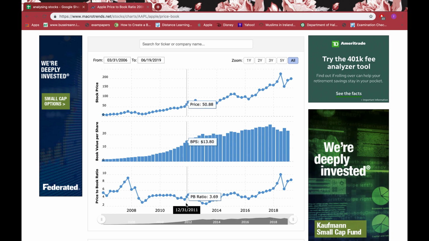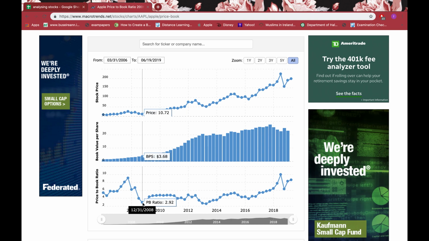And if you look at the price to book ratio on 31 December 2011, it was 3.69, which means the stock was 3.69 times more than the real price. I think the lowest it goes is 2.92 times the real price. So the lower the price to book ratio, the better, usually.